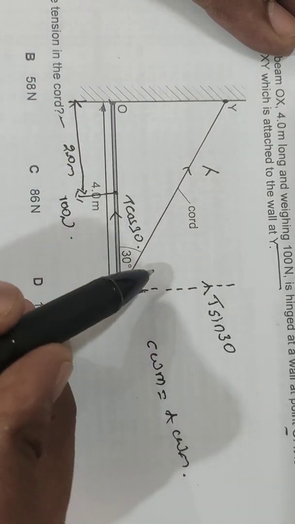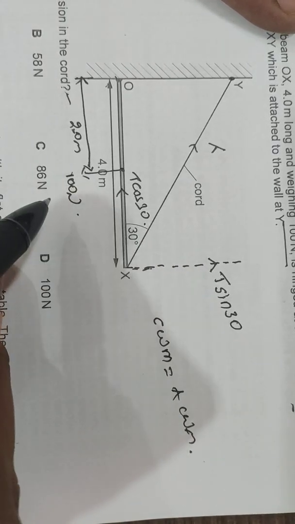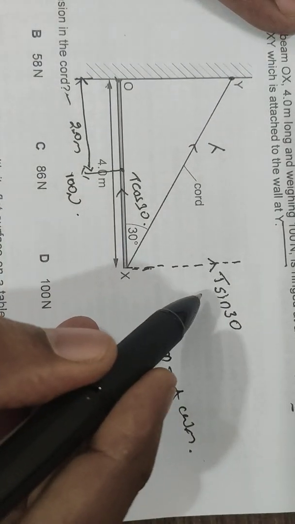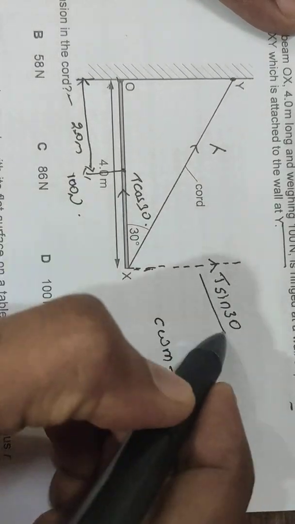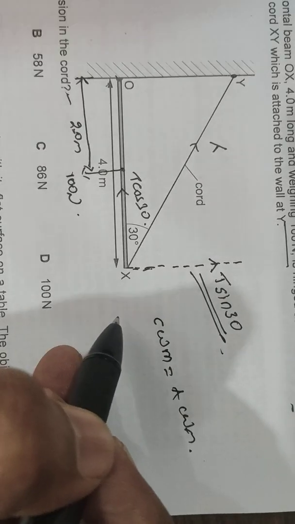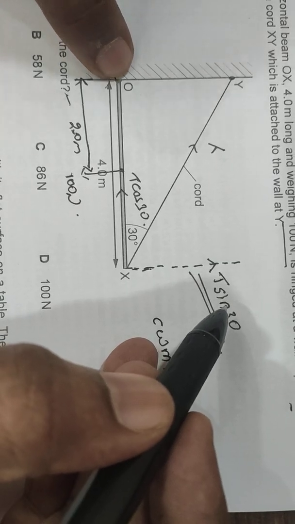Which force produces clockwise moments? Which force produces anti-clockwise moments? In this question, you must notice, the T sine 30 produces the anti-clockwise moments. Why? You just need to understand, the hinge is here.